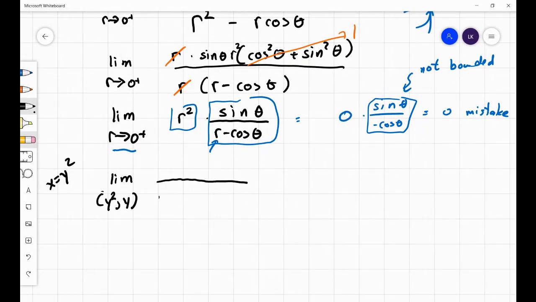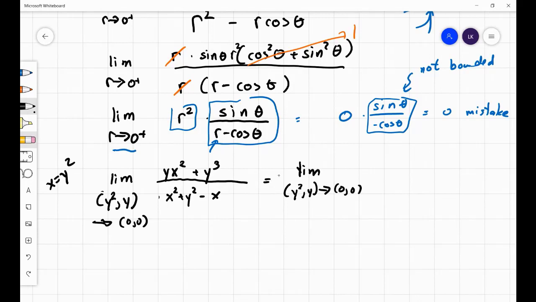I'll write down the original function for clarity. And so we get to replace x with y squared. I always forget to write the limit statement correctly. So we get y to the power 6, 5, sorry.